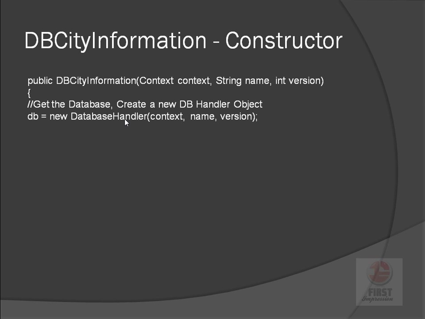The database handler was defined by us, and if you will recollect, inside the database handler constructor we had the context, the name of database and the version. Then we'll say db.execute query create query, because before creating an object for the city information table, we should have the table with us already. So we will first execute the create query. This will create the table for us.